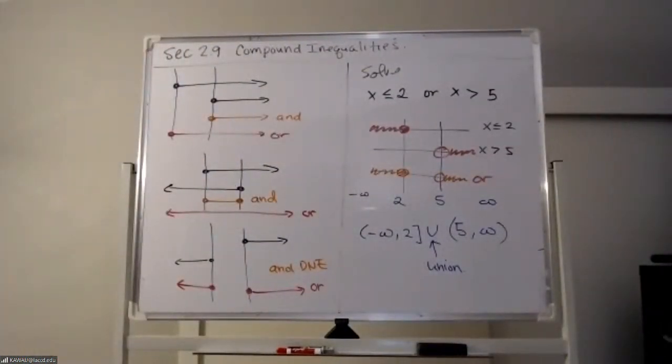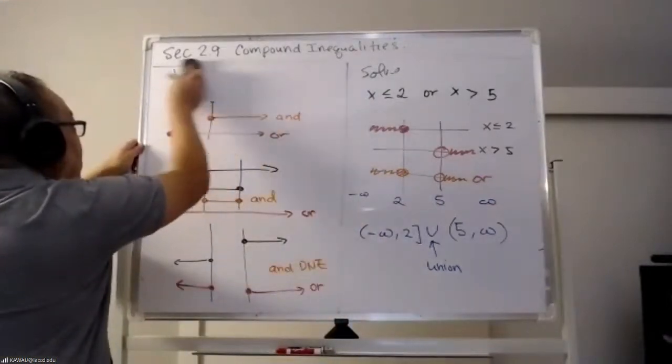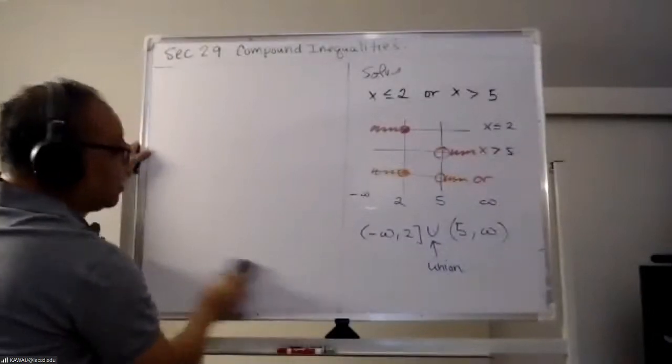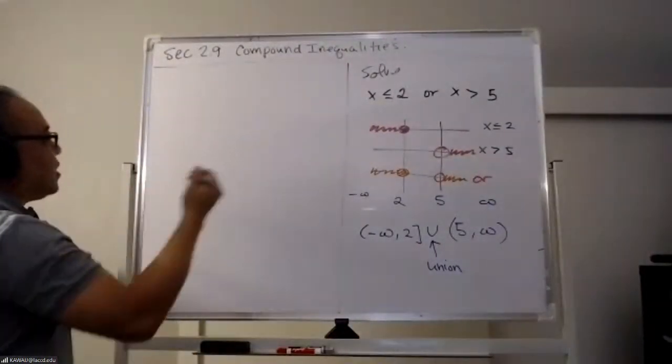Okay. Now, usually what I do on your upcoming quiz is I give you one "and" question and one "or" question. One question is usually fairly straightforward like this, and the other one I make you work for it a little bit.